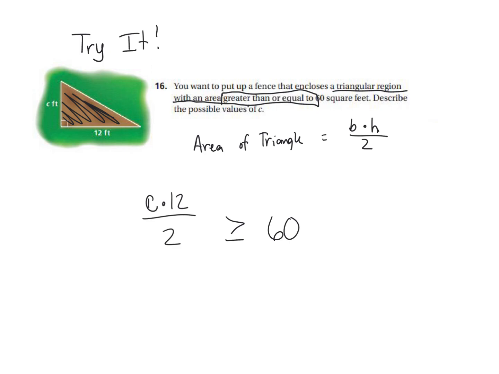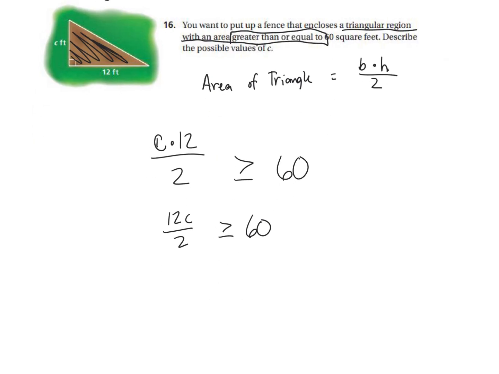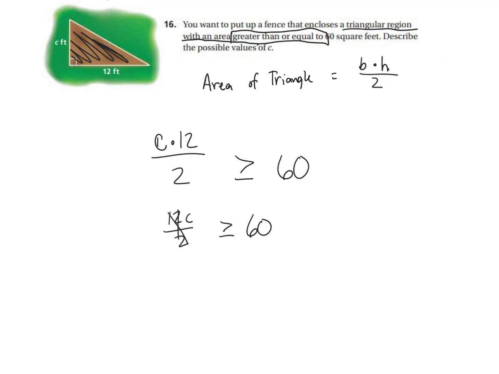So to get C by itself, I can do a couple of things. One thing I notice right away is that this is technically like 12C over 2 is greater than 60. And then from here, 12 and 2 actually can simplify into just 6. So I have 6C is greater than 60.